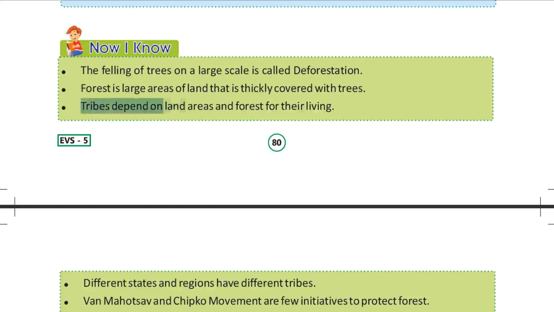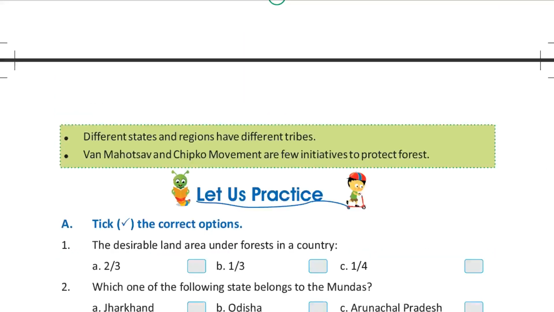Tribes depend on land areas and forest for their living. Different states and regions have different tribes. Van Mahotsav and Chipko movement are few initiatives to protect forest.